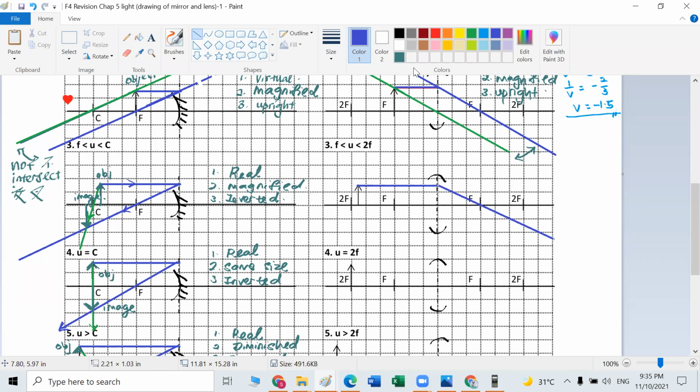Lens pass through. Then C. Normally it's more than 2F. So when you cannot get 2F, you adjust your angle again.